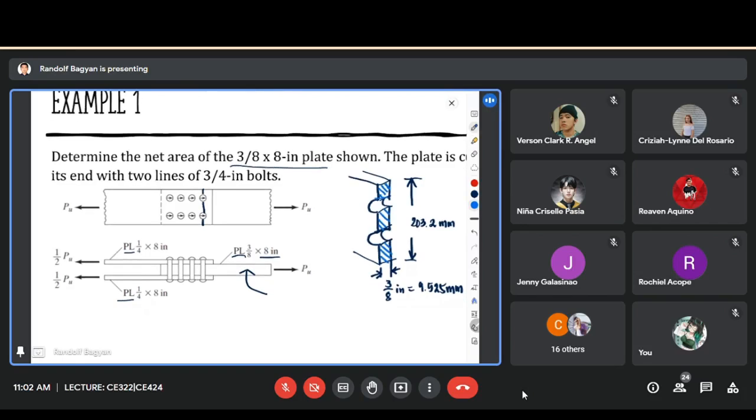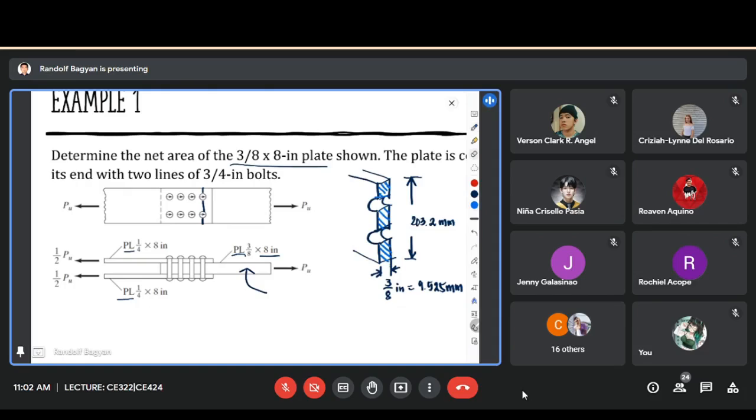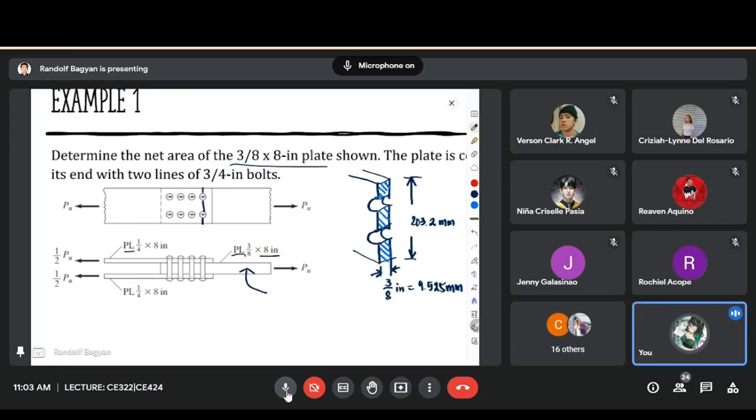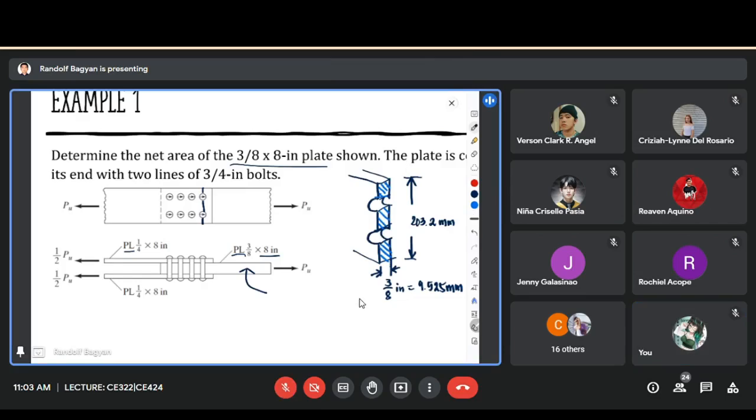Okay. So, ano ang ating magiging hole diameter? Ano yung diameter ng bolts na sinabi? That's 3/4 inches. Okay, 3/4 inch in mm is equal to what? Pakibigay nga anong value ng 3/4 inch in millimeters. Anyone? 19.05.